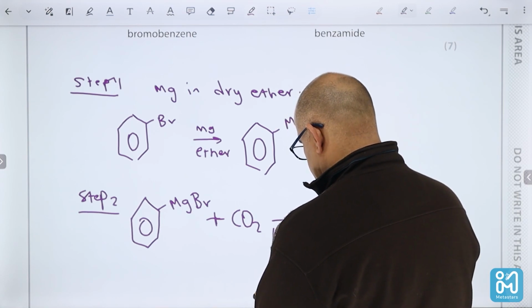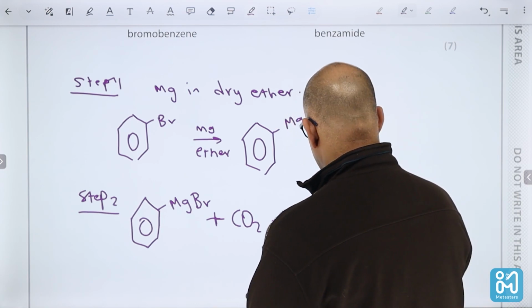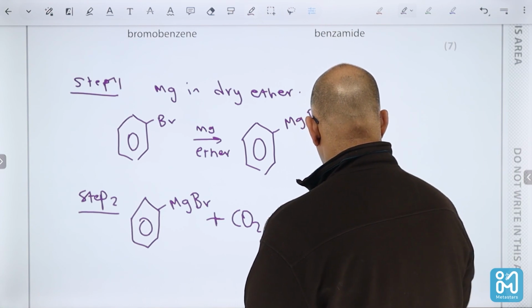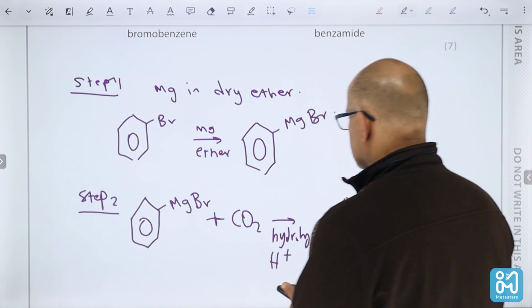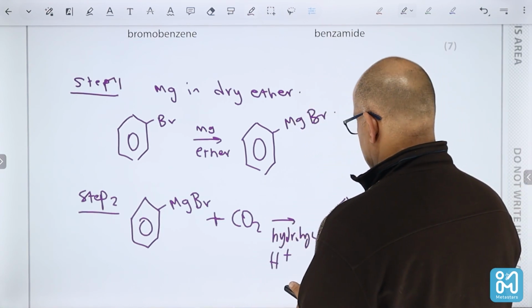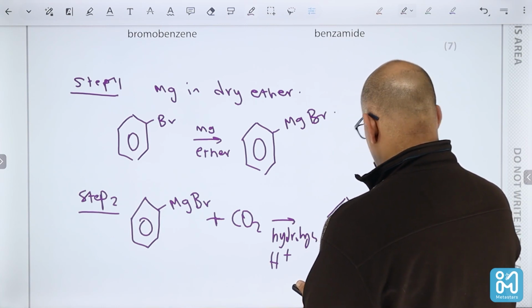This will give us the carboxylic acid, which is COOH.